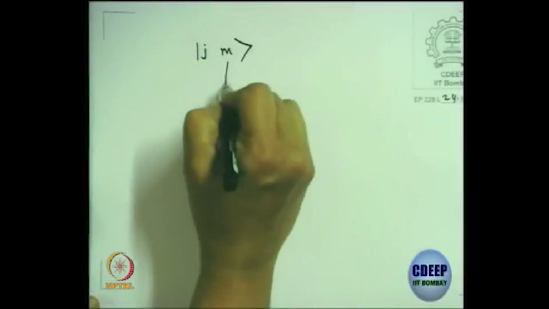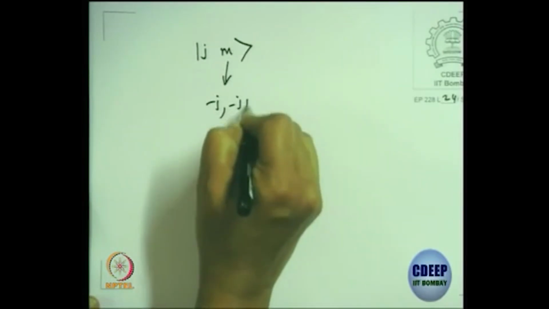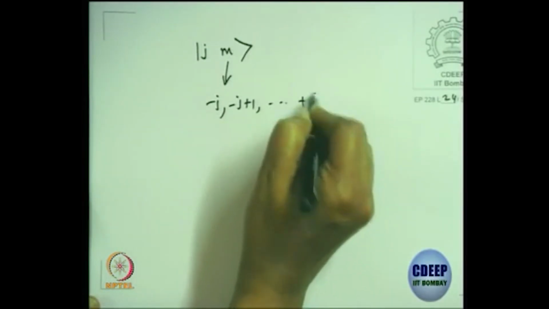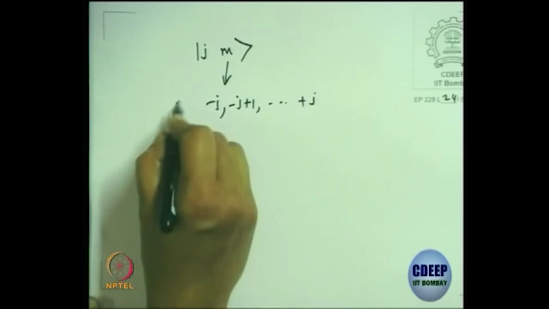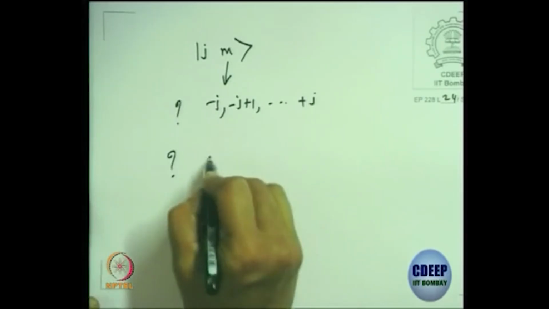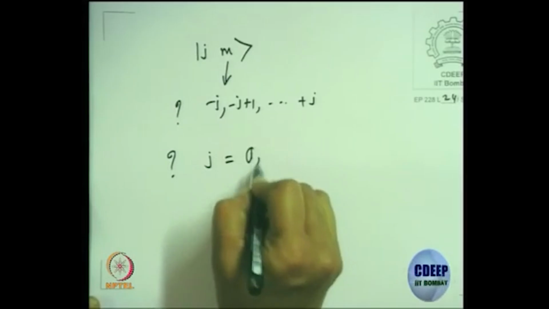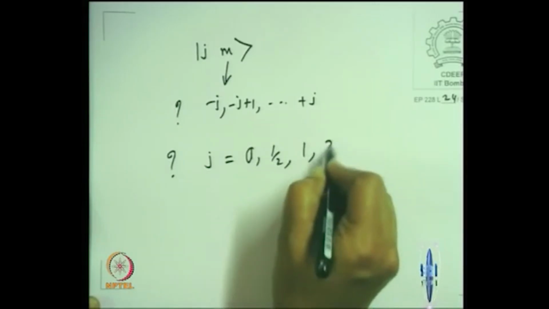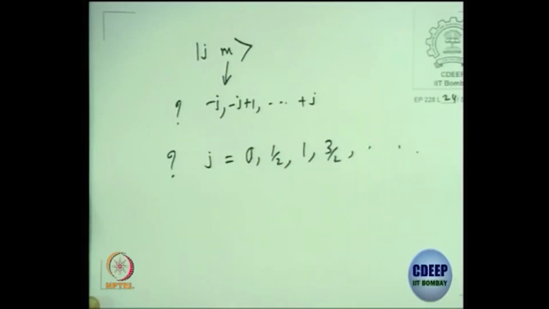So I need to figure out that m goes from minus j till plus j. You also have to figure out whether j could be 0, half, 1, 3 by 2. These are the possibilities as we do.